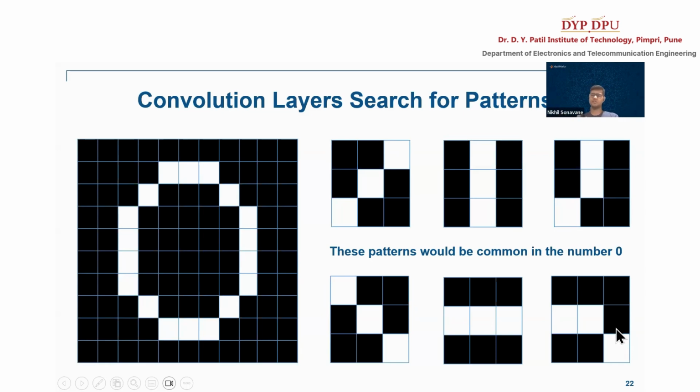So depending on the locations of these patterns, if I check for these particular patterns over the entire image, and infer the locations where they are found, I can infer that the image has a digit like 0. For every digit it might be something else, and that is how these patterns are looked into and how we infer something out of it.